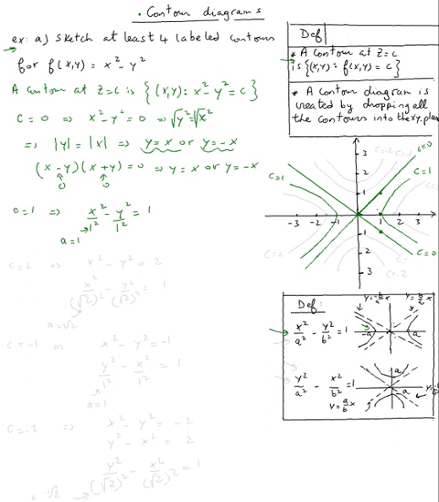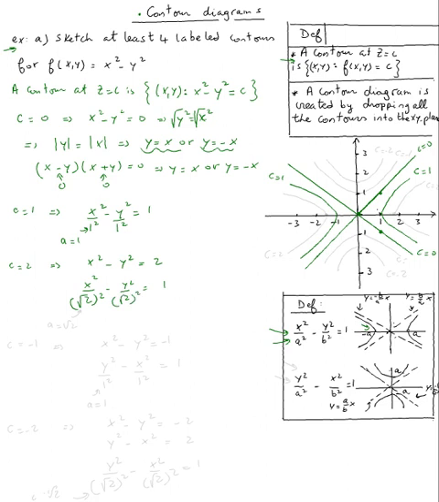Now what about c equal 2? C equal 2 means x squared minus y squared is equal to 2. Now what we do, we divide by 2. So x squared over 2 minus y squared over 2 is equal to 1. Now the equation looks just like that one also. You can rewrite this as square root of 2 squared, square root of 2 squared.